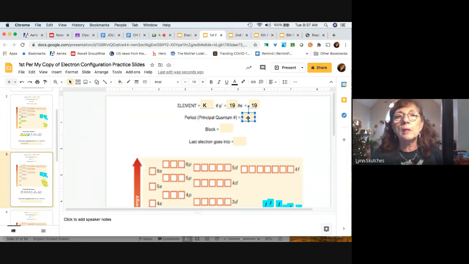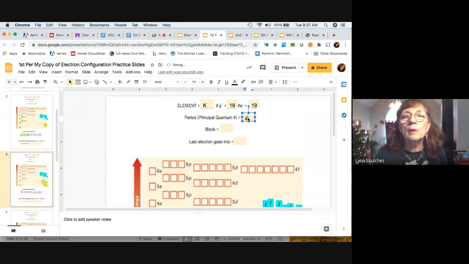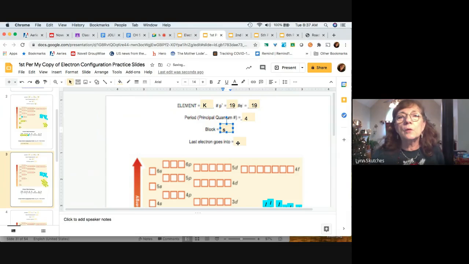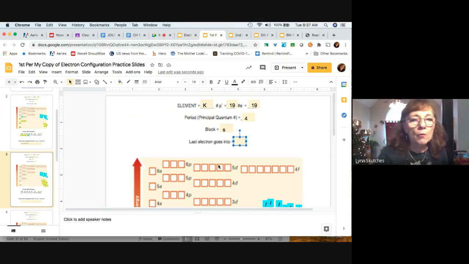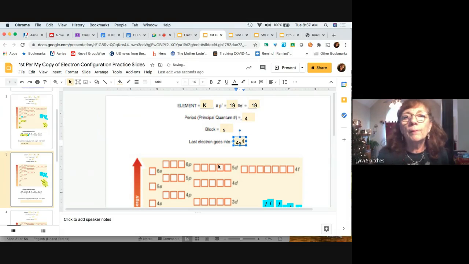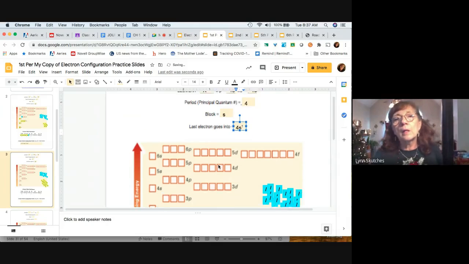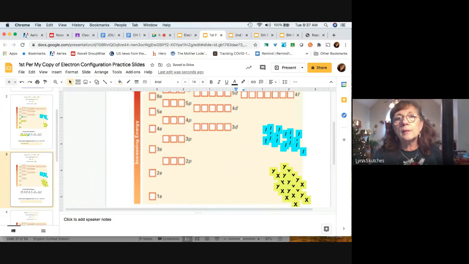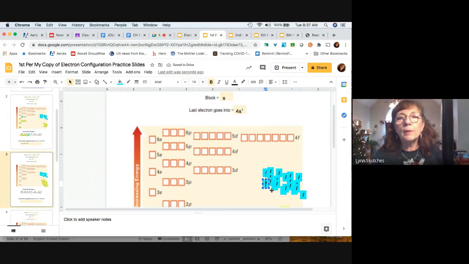So that means, and it's also in the S block. And so its last electron, because it's in the first column of the S block, is going to go 4s1. And so that last electron is going to go here.